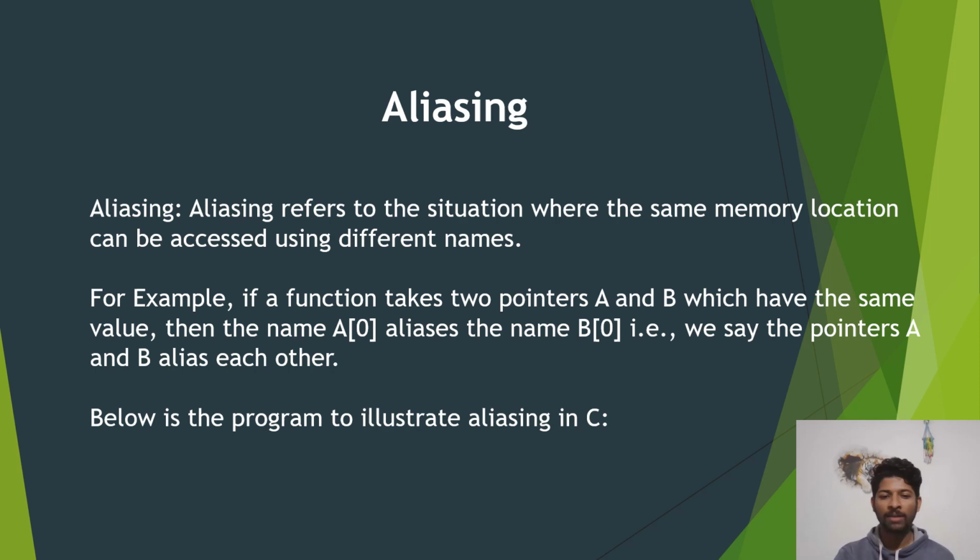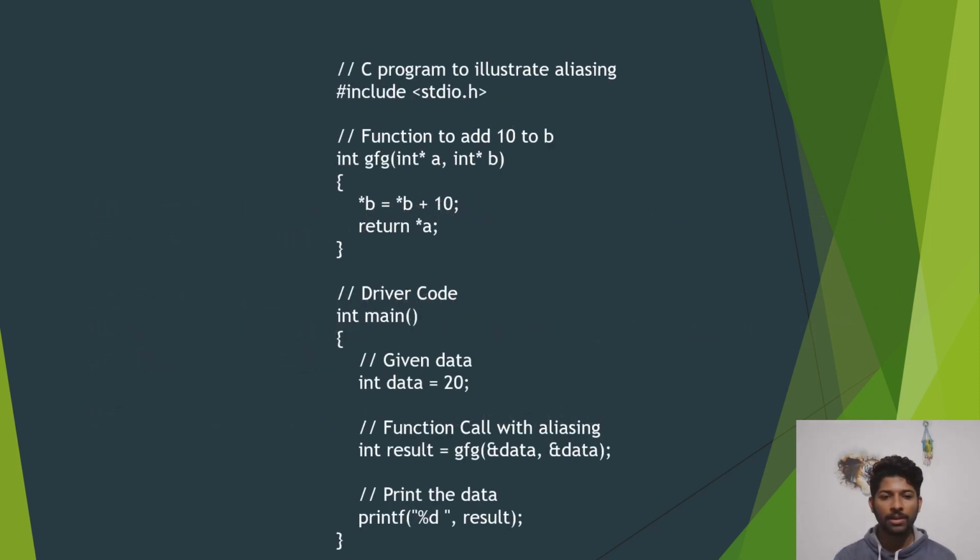Below is a program to illustrate aliasing. In the above program, the value of data is 20. When this variable is aliased in function gfg(), the changes made to the memory location referred to by pointer b get reflected in a as well. This is because they refer to the same memory location.